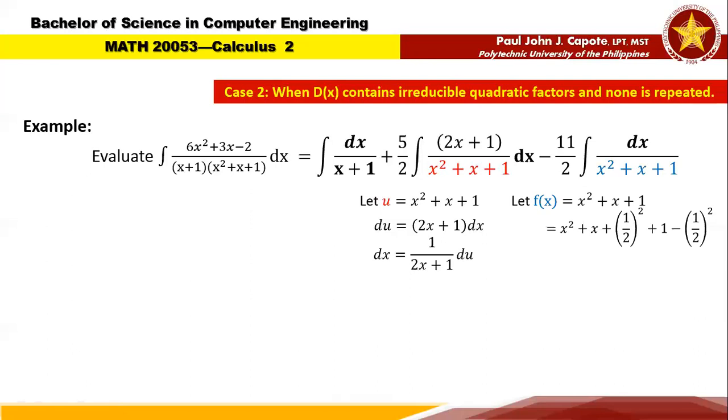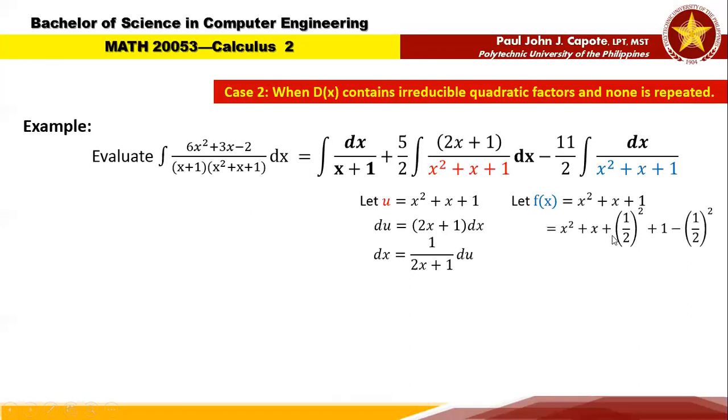The method of completing the square states that in order to express the quadratic expression into a sum or difference of squares, we will get half of the numerical coefficient of the second term. Now our second term here is x, and the numerical coefficient is 1. Half of 1 is 1/2, and then square.